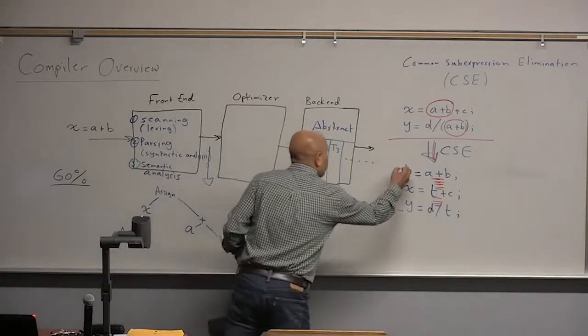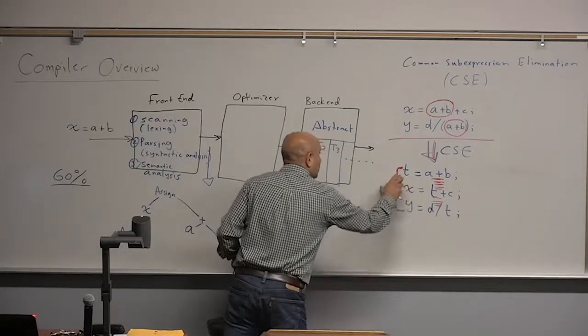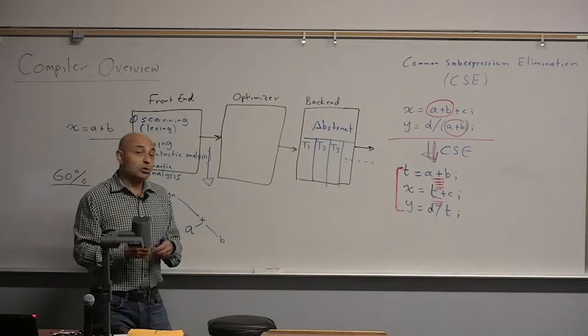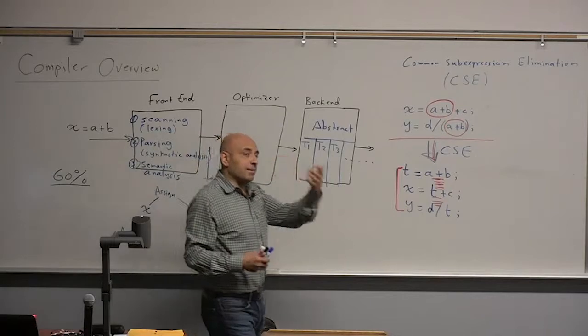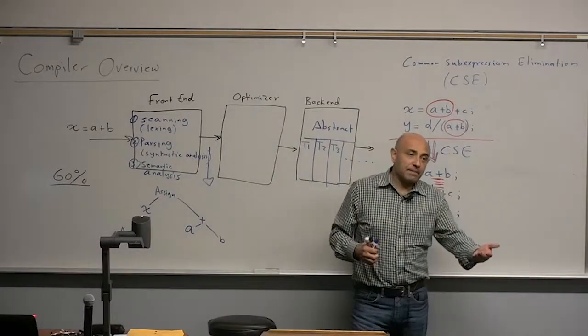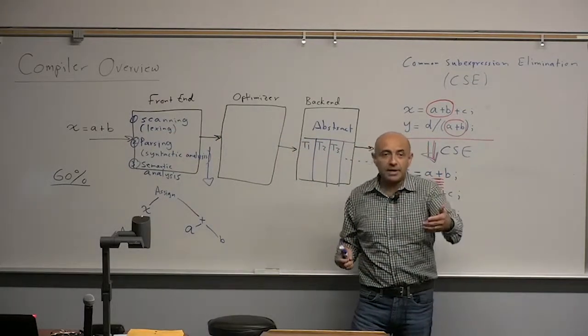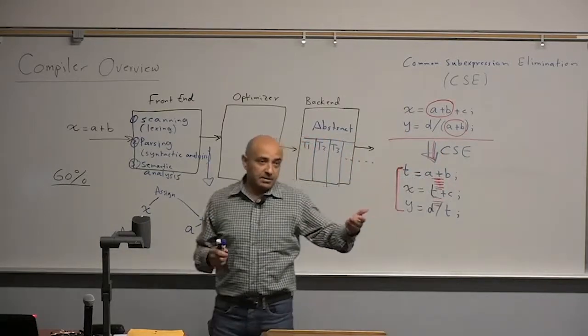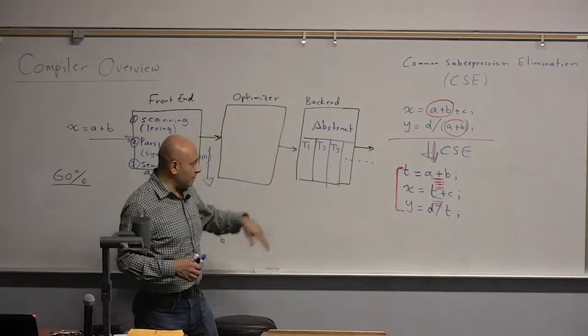So keeping t in a register for this long time is reserving a precious resource, which is the register, which means that some other variables may not get to be in a register. So they will be in memory, and there will be a slowness when using those other variables. So we victimized other variables.